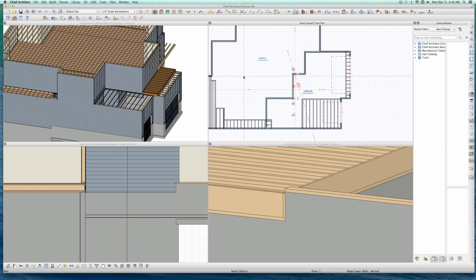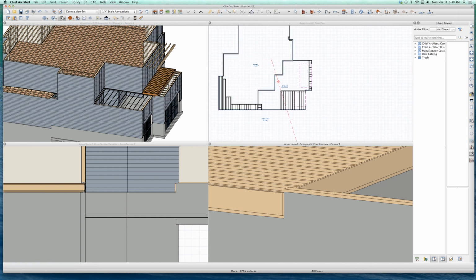But I really don't understand what your problem is. You've got to be clear on what you're trying to do, because maybe other people understand what you're trying to do. I don't. This is always a problem with people posting things. They say, for example, every time I add a second floor to my project, my garage walls default to the height of my main floor.